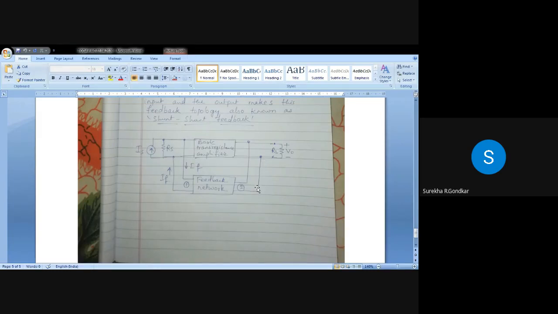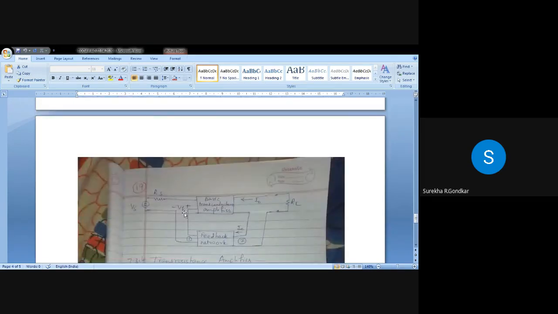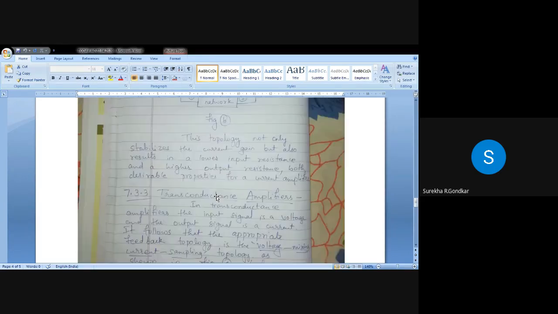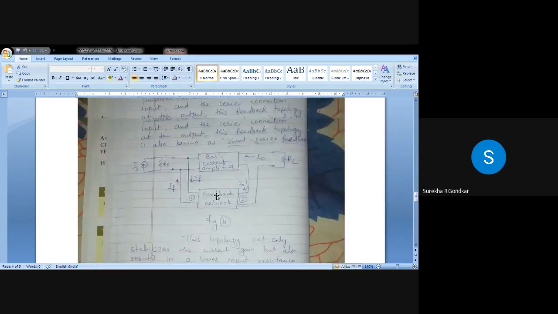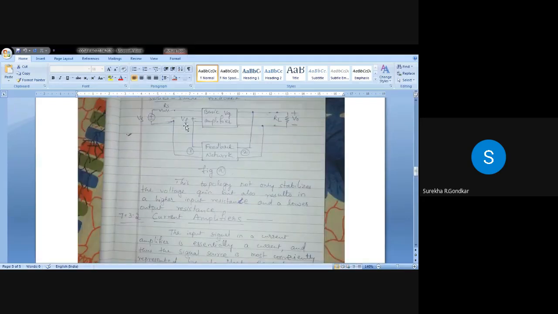Whenever you remember two important points here, whenever we are mixing the voltages at the input, it will always be series. So you can see here voltage mixing is happening, so it is series. And here also voltage mixing is happening in the first topology, so it is series connection.